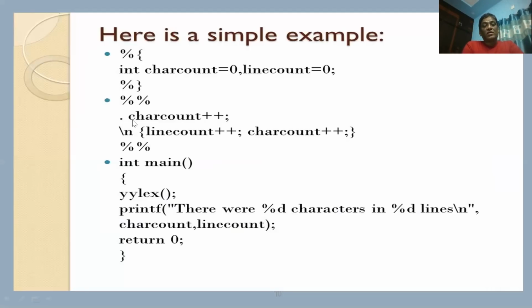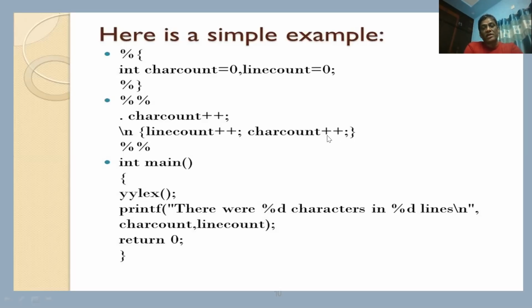Okay. And because dot will not consider slash n as a character, you need to write it again. Whenever there is a match with slash n, it means a line is generated, because whenever slash n is observed, you are moving to the next line. Therefore, line count will be incremented by 1, and since slash n is also a character, char count is also incremented.